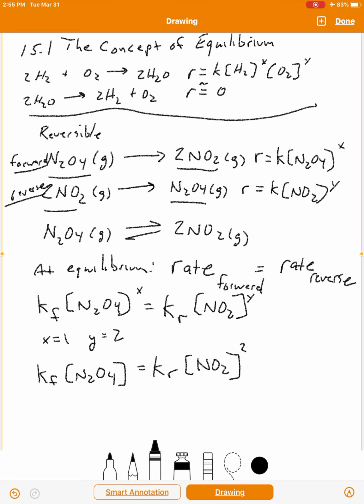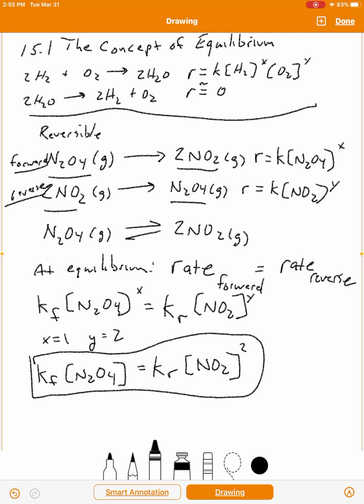We're substituting that in as a 2. We'll look at the significance of that equation a little later in the next section. But really what we're saying here is that the rate of the forward reaction is equal to the rate of the reverse reaction.